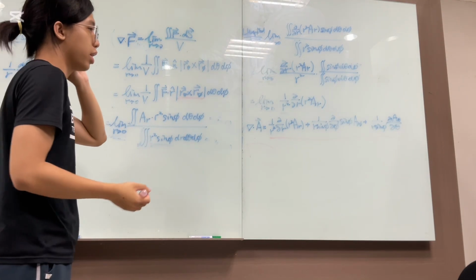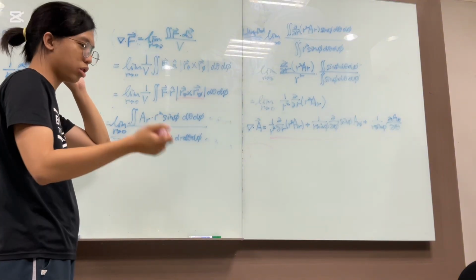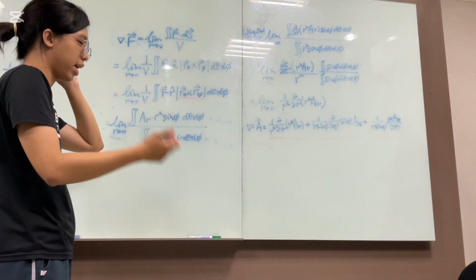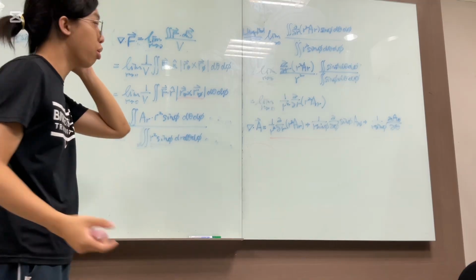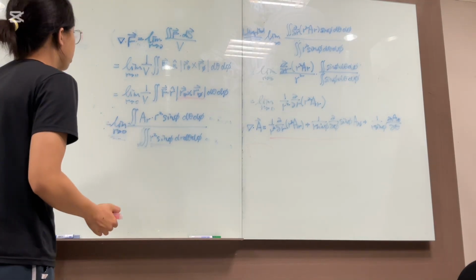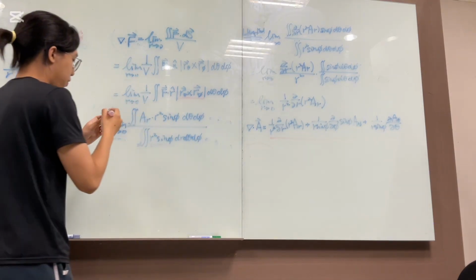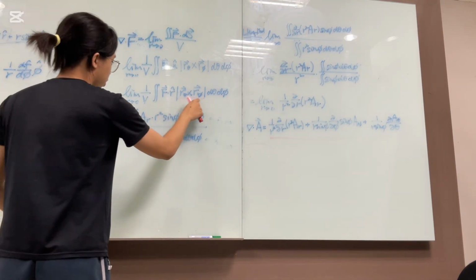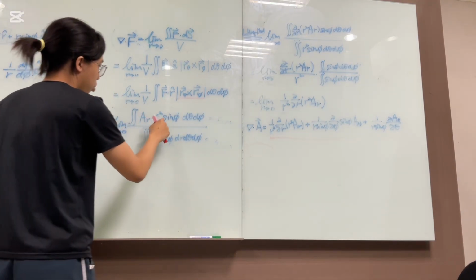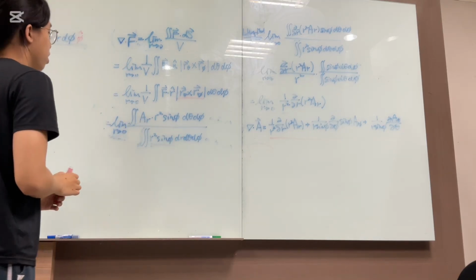We want to find the divergence in spherical coordinates, taking the r component for example. So we know this, and we have the value of this is r squared times sine phi.